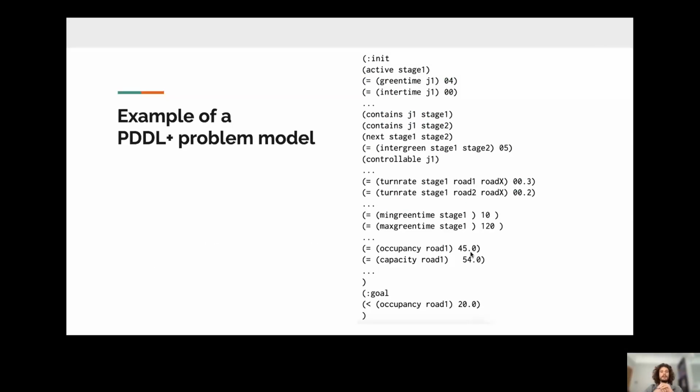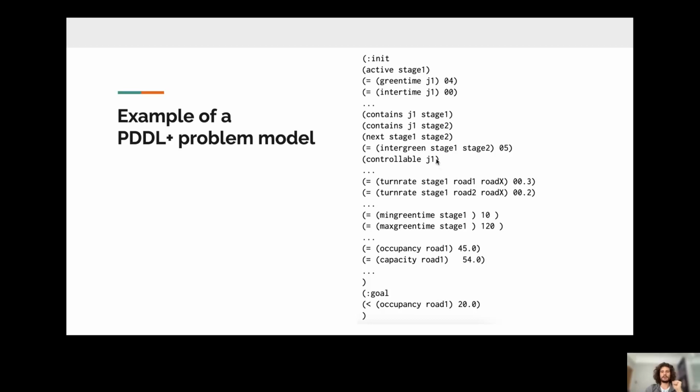And this is an example of a PDDL+ problem model that we've been using. We can completely specify the status of each junction in terms of what stage is active, what the sequence of stages is, for how long a stage has been on, and what the intergreen time is between two stages, so when you have nothing on green going on in the junction.